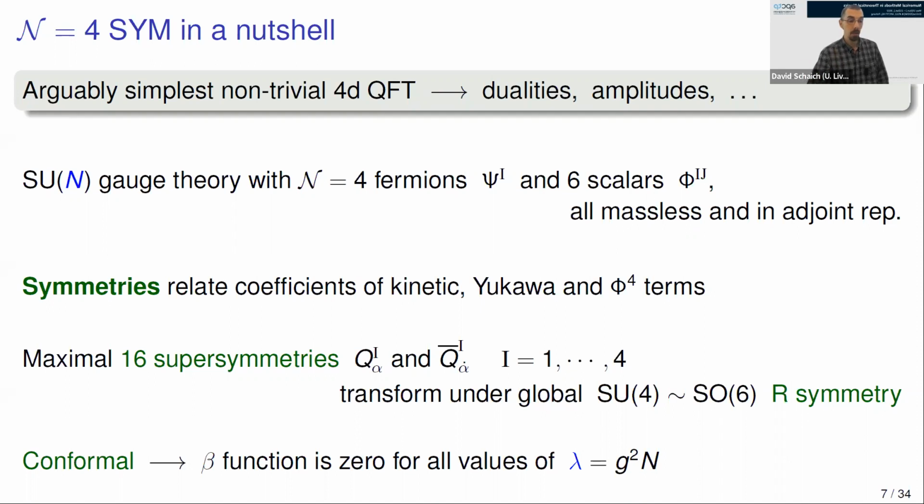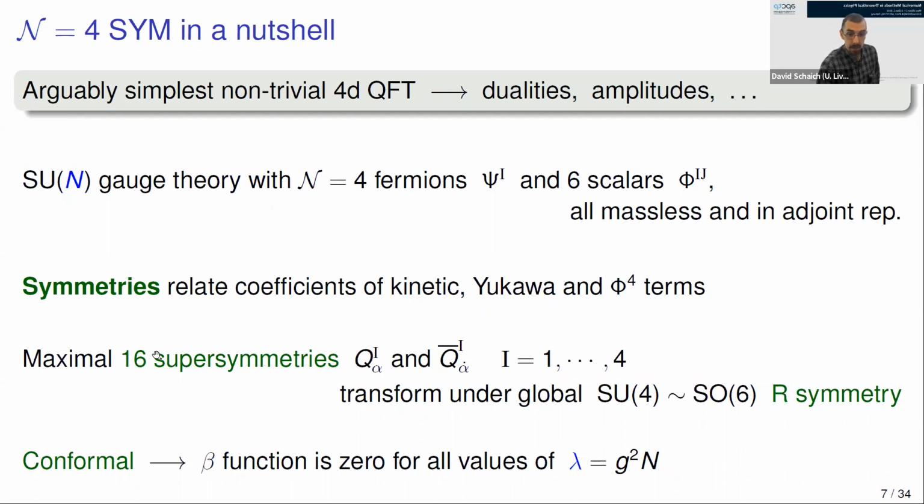And the reason this system with the gauge field, fermions, and scalars is so simple is because of all of the symmetries that it obeys. These actually relate the coefficients of the kinetic, Yukawa, and phi to the 4th terms that you would naively write down from your simple power counting.